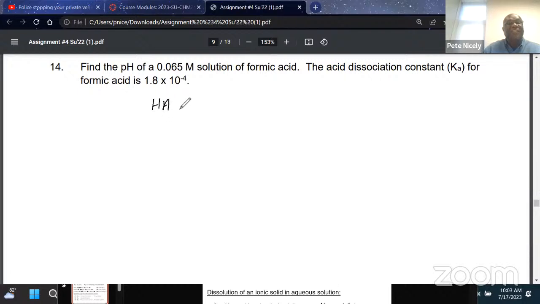So I'm just going to use HA to represent the acid, all right? So when that dissociates as a weak acid, it forms H plus and A minus, all right?